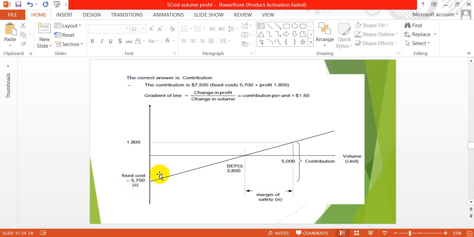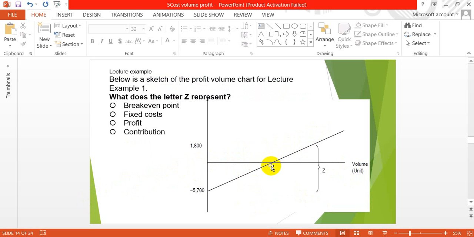Remember this is our fixed cost line, which starts at the fixed cost of 5,700. We have our break-even point. Our break-even point will be at this point where the units we have sold, we are recovering our fixed costs.